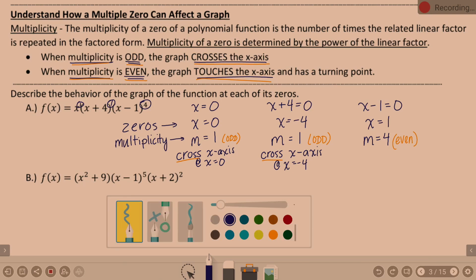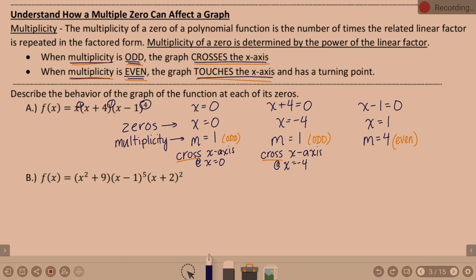So what I can say is that here my graph is going to touch the x-axis. And in this case, we're talking at x equals 1. Okay? And that's because we have an even multiplicity.